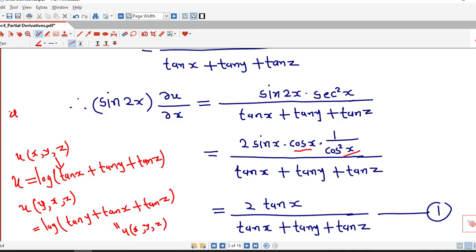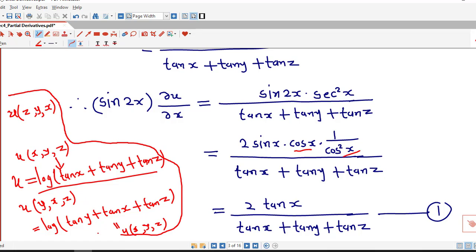Similarly, if we interchange x and z, then we can observe that if we find out u of z, y, x, then also we will obtain this same function. So if we replace x by y or y by x or x by z or z by x or y by z or z by y, function does not change. So that means this function is symmetrical function.